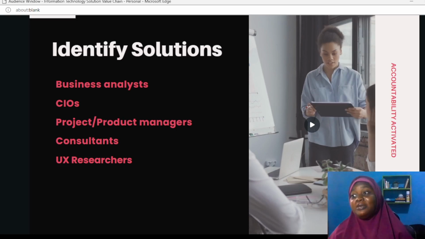And a lot of times, these three processes, the identifying or defining the problem, the business analysis, making a case for the problem, making a case for the business idea, making a case for the product idea, and identifying solutions, most of the time they might not really be clear cut.